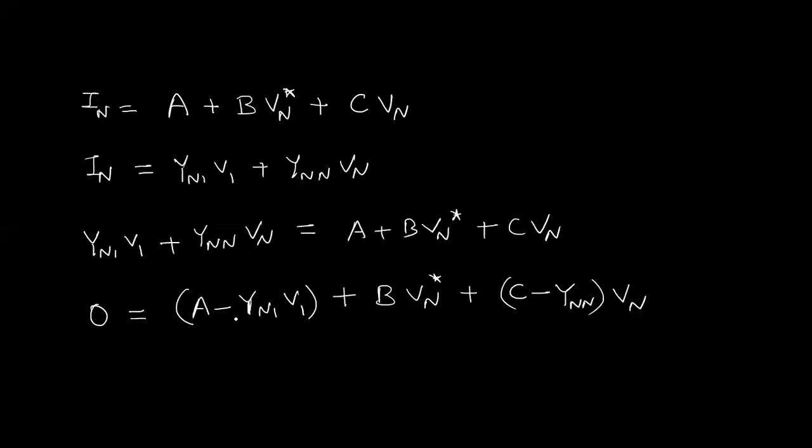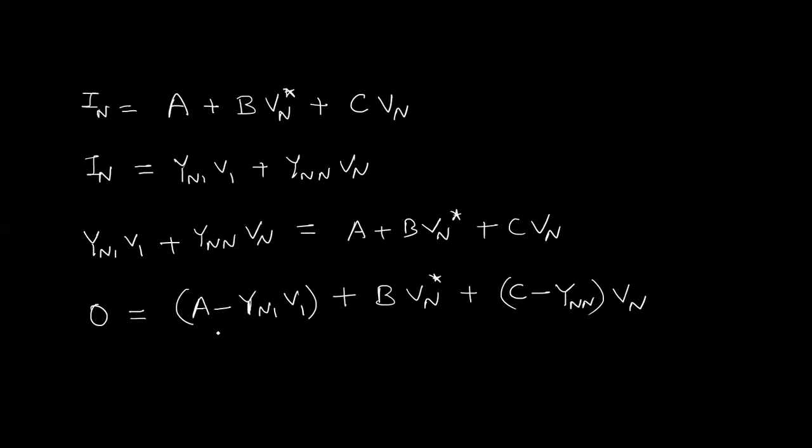Okay. So this is the equation, and it is a linear equation in terms of Vn. Our objective is to solve for Vn. Let us see how to solve for it. So all the others, this A, V1, Yn1, B, C, these matrices are known to us. So we can solve for it.